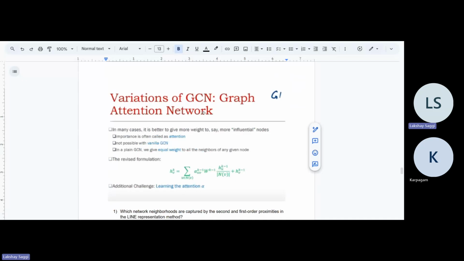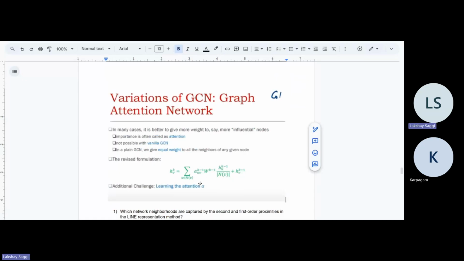So in a graph attention network, like I already said, you can have the aggregation function as a more sophisticated function, and this is what is being done here. Rather than just taking a simple average of messages received from all the nodes, you are doing a weighted average, where the weight with respect to each of the neighbors is this alpha UV weight.